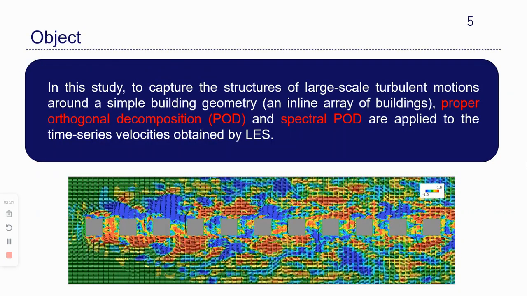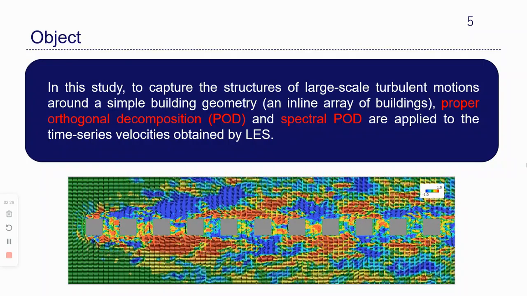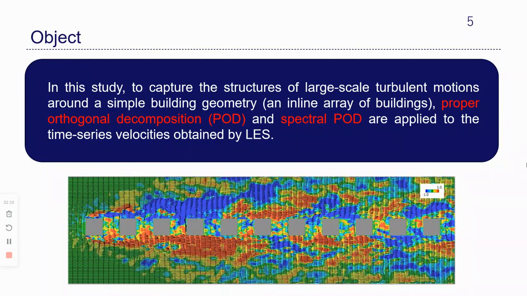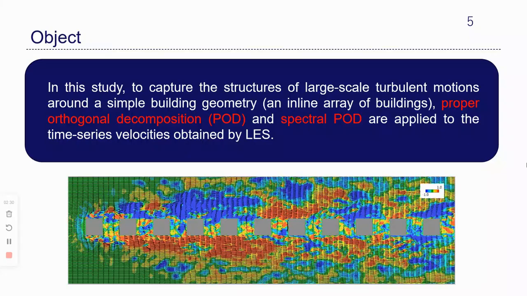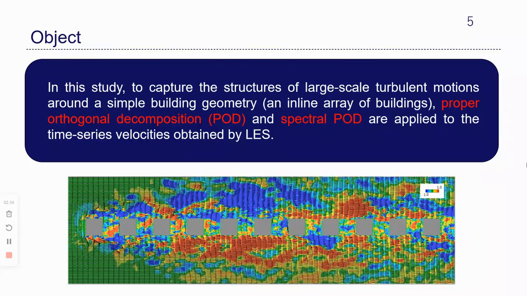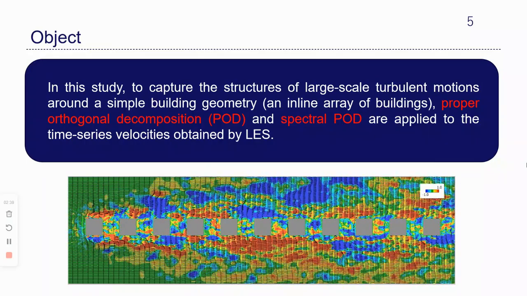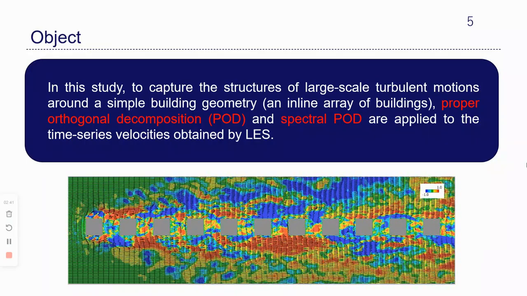So in this study, to capture the structure of the large-scale turbulent motion around the simple building geometry, inline around the building like this, proper orthogonal decomposition POD and spectral POD were applied to the time series of velocity obtained by LES.